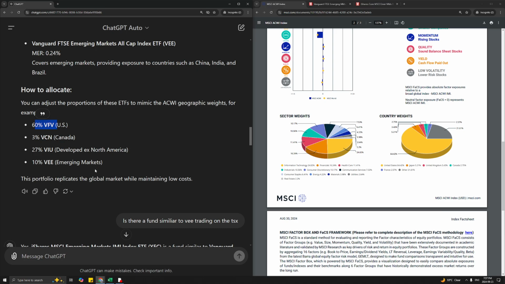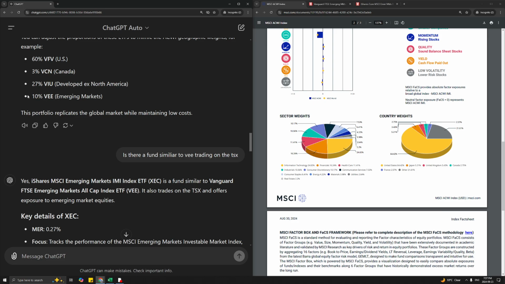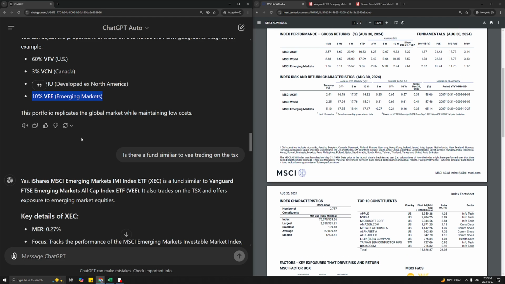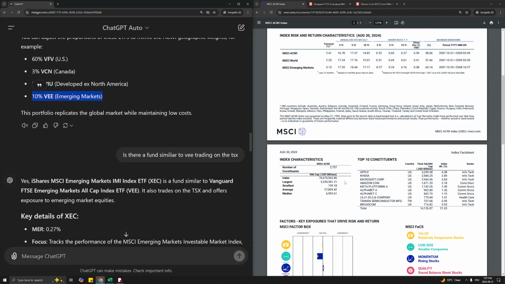Mexico is considered an emerging market. So developed ex Canada ex NA basically doesn't have these. VEE is basically emerging markets, so we'll go into that.